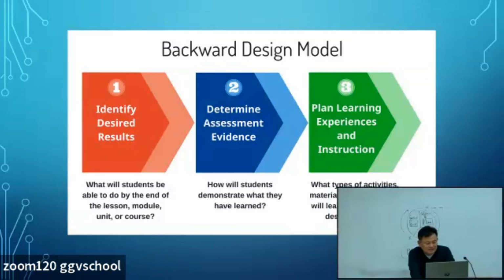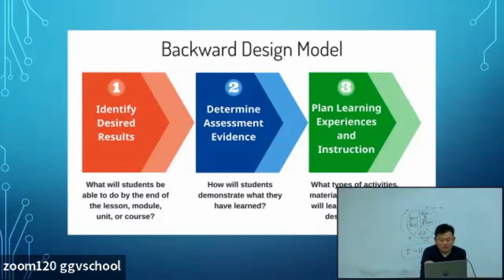So these are followed. The first step is what will students be able to do by the end of the lesson or module or unit or course. It means students come in, and at the end of the lessons, what will students be able to get.